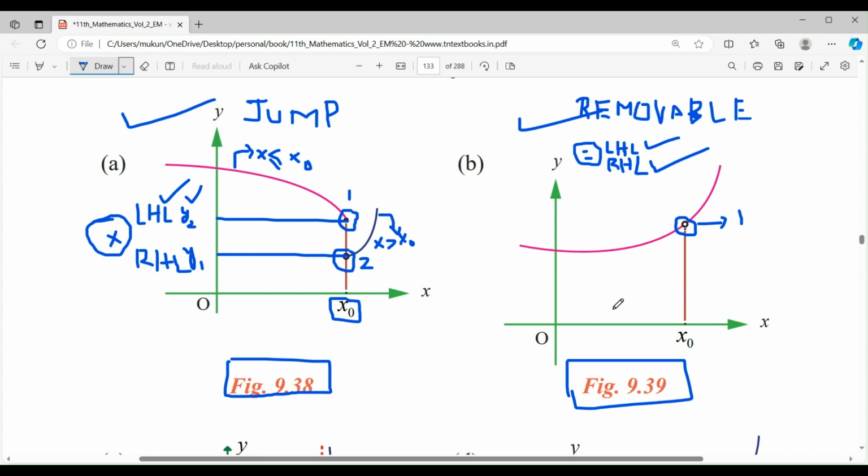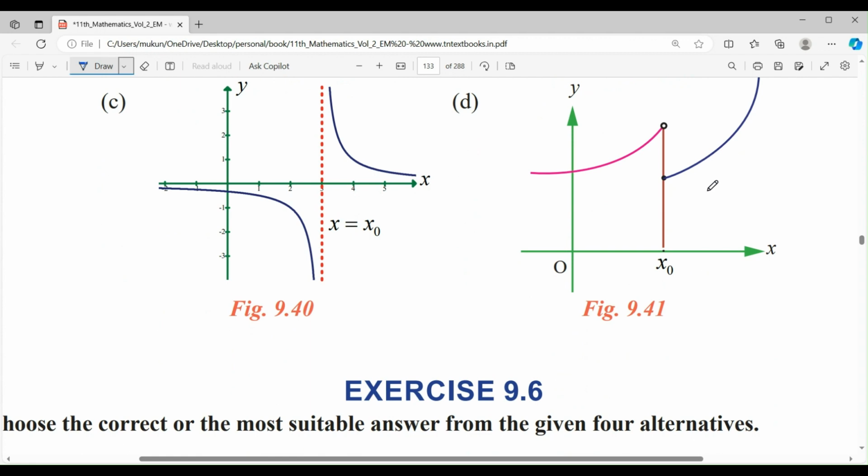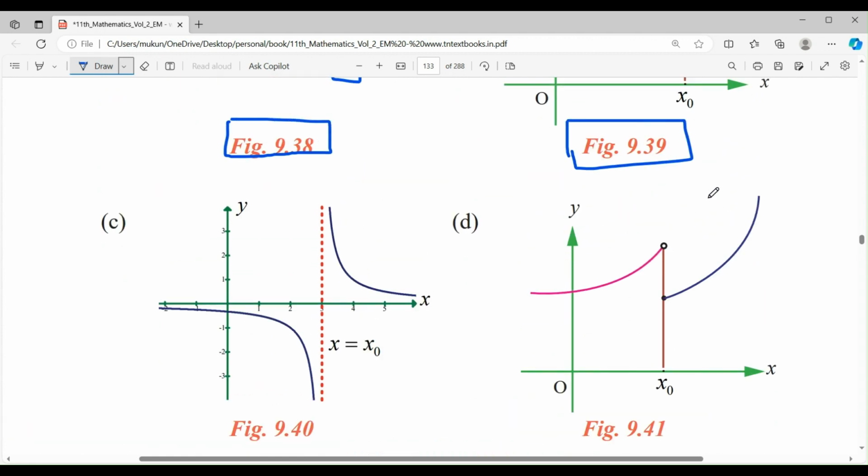So with this, we will move to the third and the fourth graph of this particular question. I'm just moving to the next part of the screen. So I'm going to look at figure 9.4, and this is again a very interesting graph. For x lesser than x naught, this is tending to minus infinity, right?